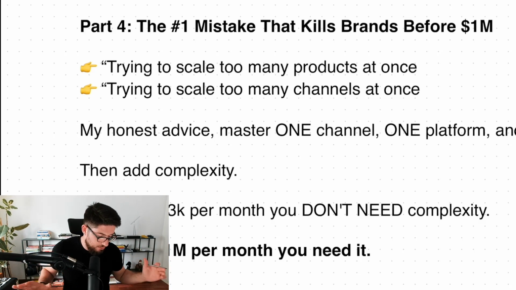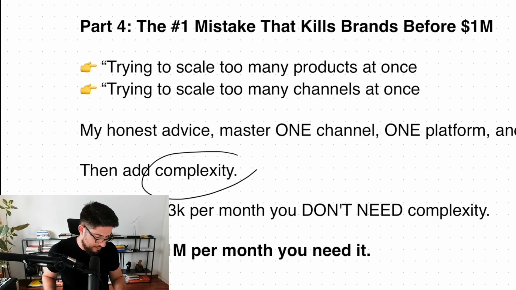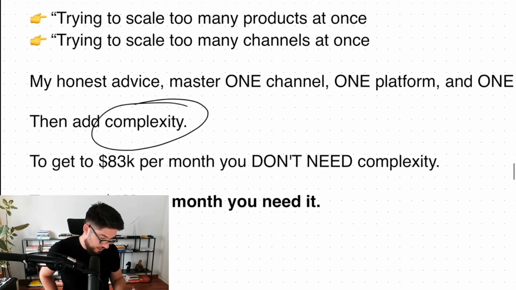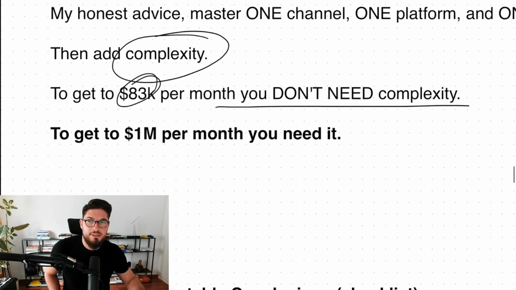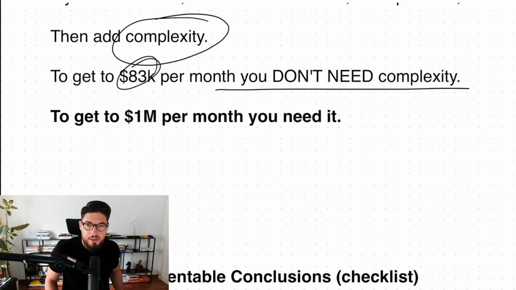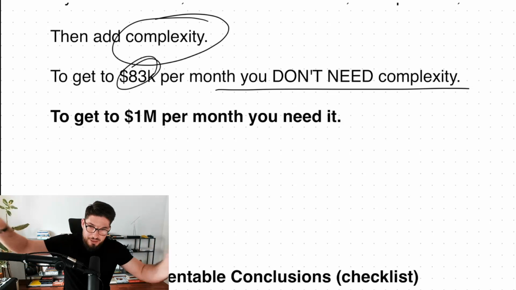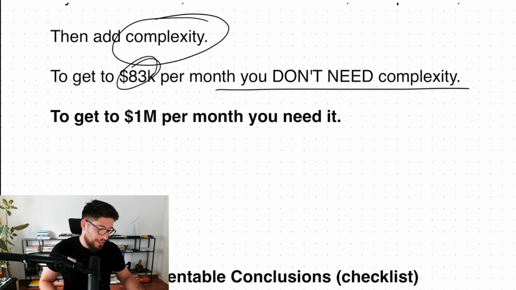So before 1 million, no complicated, no complexity. Again, 83K a month, no complexity. After that, and I'm working, for example, with a brand that makes 25 to 30 million a year, there is complexity there, massive complexity, but it's spread through a big team, so we can handle that.